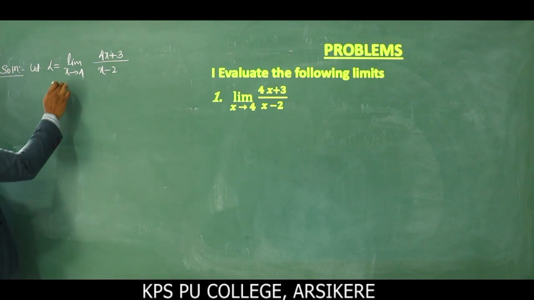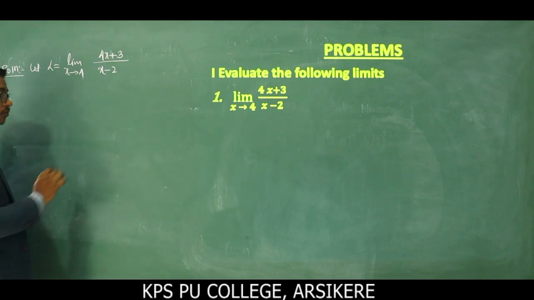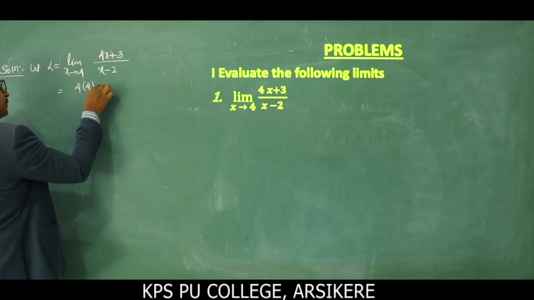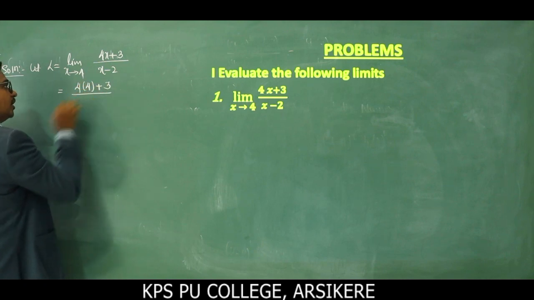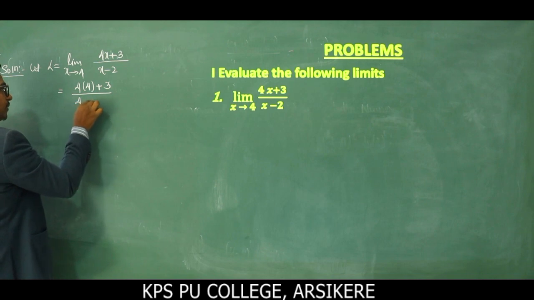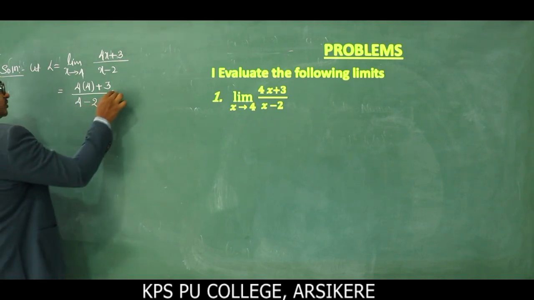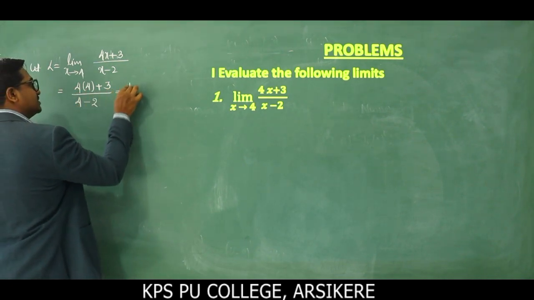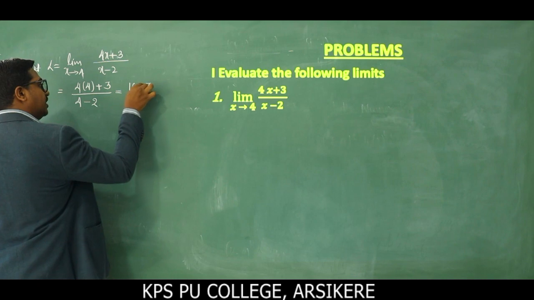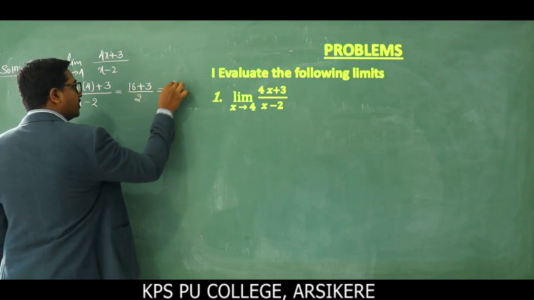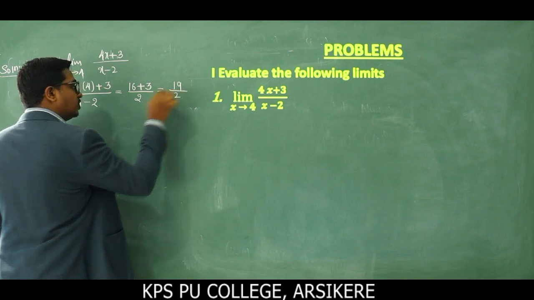Now we can directly apply the limit as x tends to 4. So this becomes (4 into 4 plus 3) whole divided by (4 minus 2). So this is equal to 4 fours are 16 plus 3 divided by 4 minus 2 is 2. So what we obtained here? 19 divided by 2.